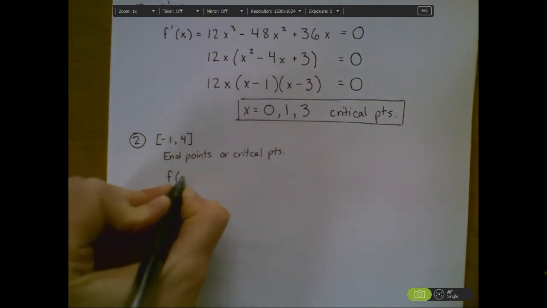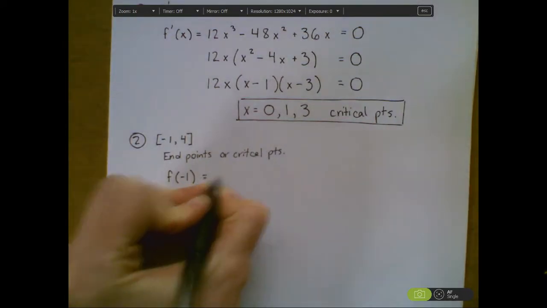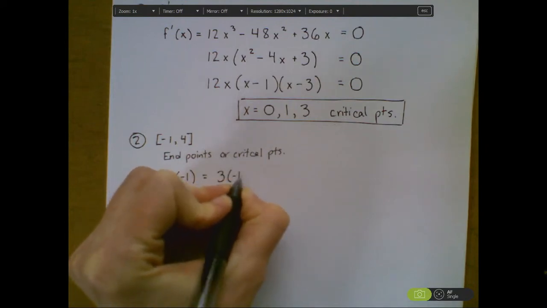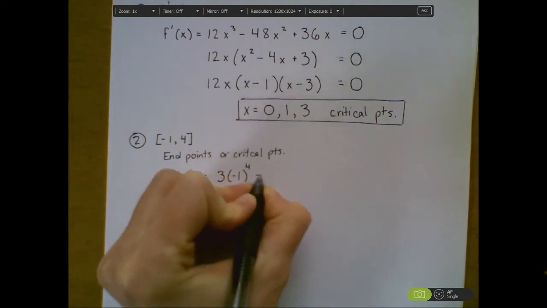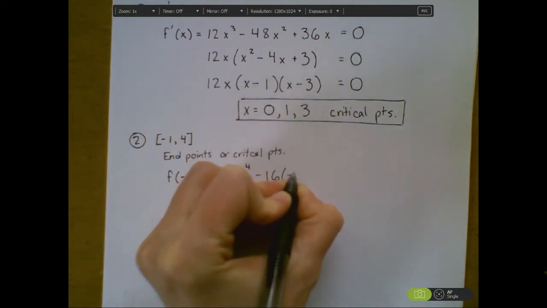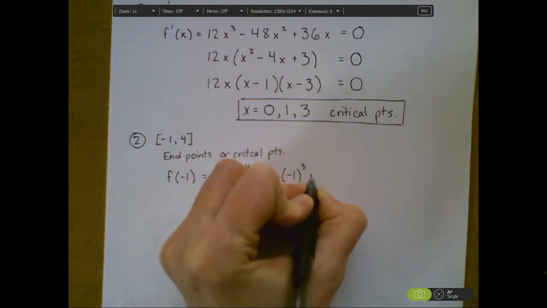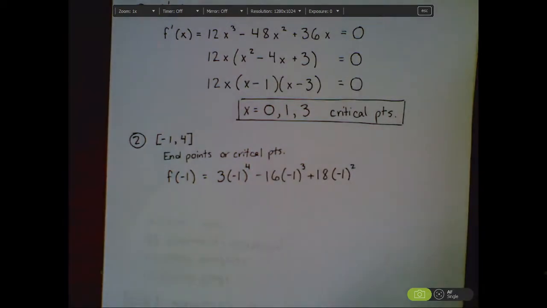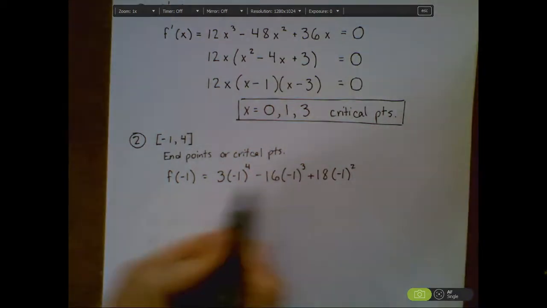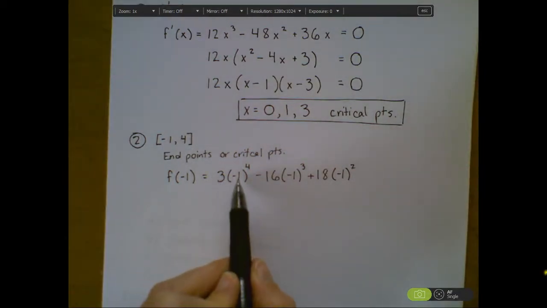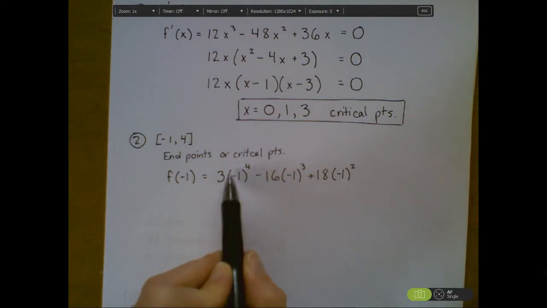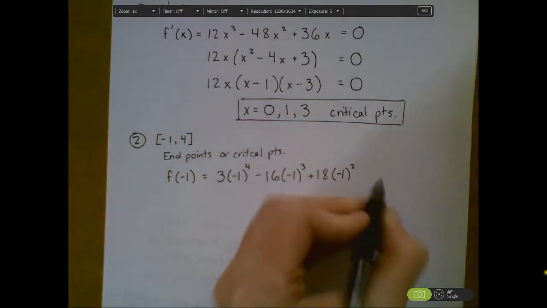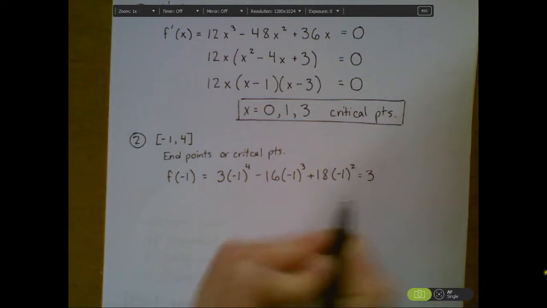I'm looking at f of negative 1. That's going to be equal to 3 times negative 1 to the fourth minus 16 times negative 1 cubed plus 18 times negative 1 squared. And that's all equal to, let's see, negative 1 to the fourth becomes positive, so that's 3.